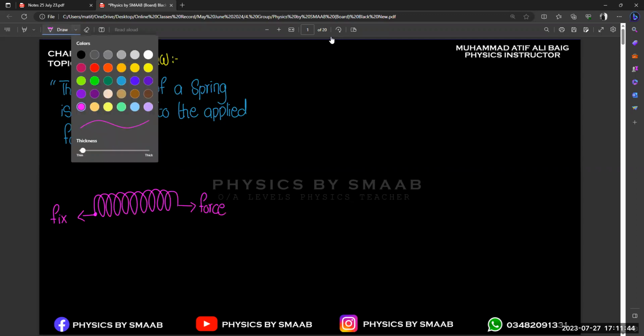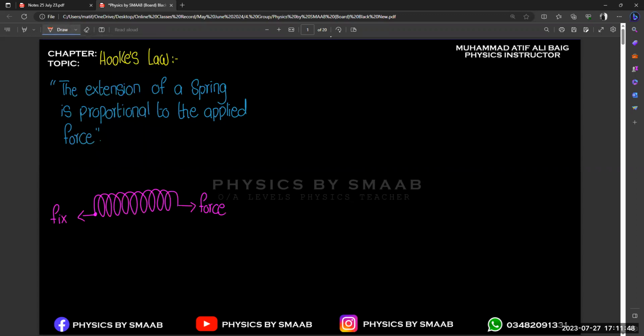So all of you know that this spring will stretch towards the right hand side, because from the left hand side it is completely fixed. So this will be the new shape of the spring, right?